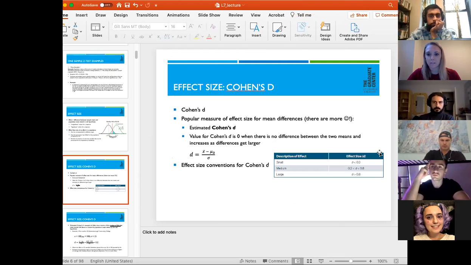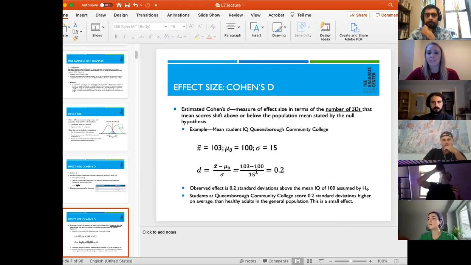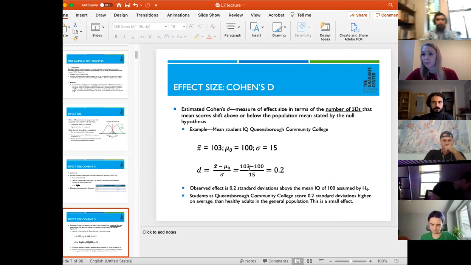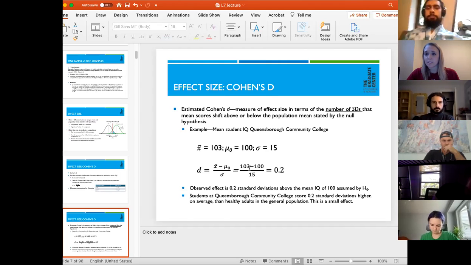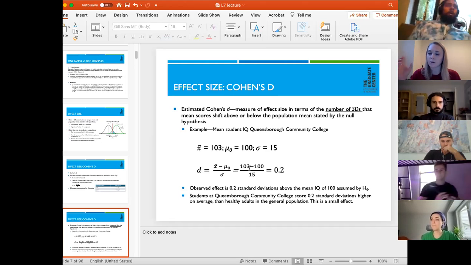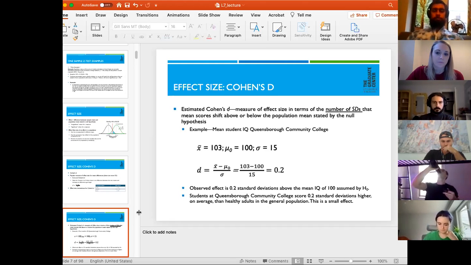I usually err lower, so you can say it's a small effect, which makes sense if you think about it. If the population's average IQ is 100 and our sample was 103, that's only 3 IQ points higher, right? That's not actually that big of a difference. So you can think about it in logical terms as well.